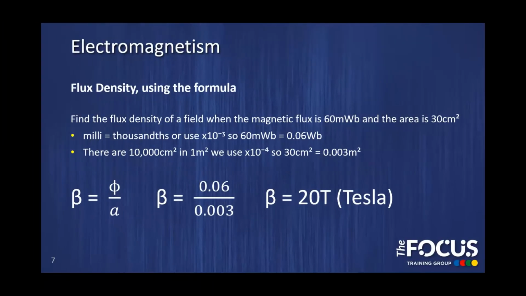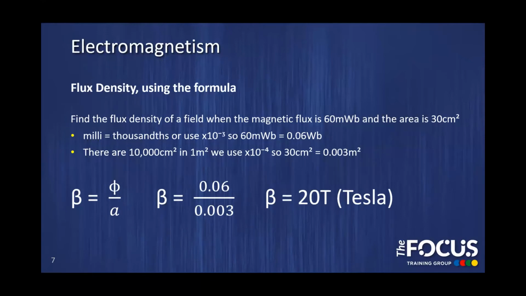For our next calculation, we are asked to find the flux density of a magnetic field when the magnetic flux is 60 milliwebers and the area 30 centimeters squared. So the first thing we do is we convert milli to whole Webers.